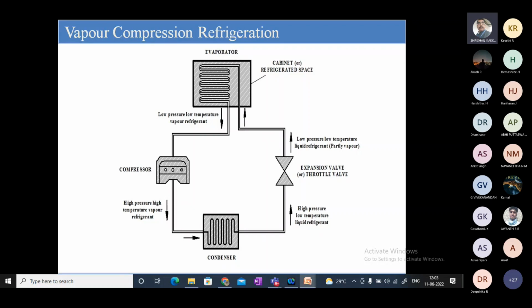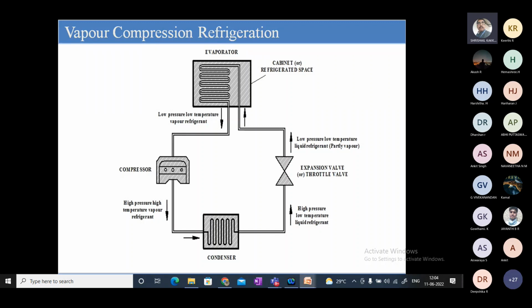The refrigerant entering the condenser coil will be a high pressure, high temperature vapor refrigerant. While it is passing over this, what happens? It will become low temperature, and it was vapor, now it will be converted into liquid. Correct? So the refrigerant which is coming out of the condenser will be a high pressure, low temperature, liquid refrigerant.